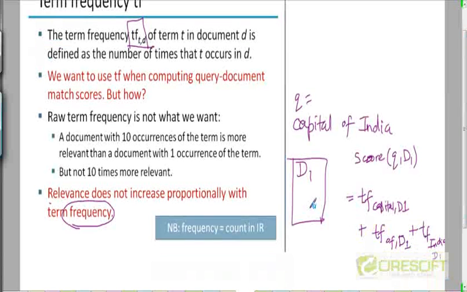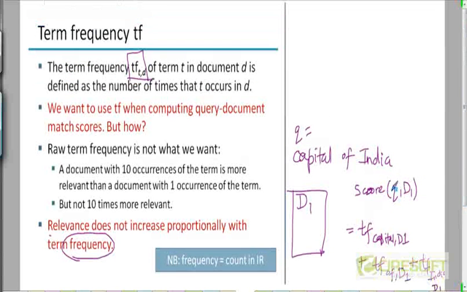So you're just adding the term frequencies of all the query terms in this given document. This is the score between Q and D1. You can do this for other documents in your corpus and see which document has the highest score.